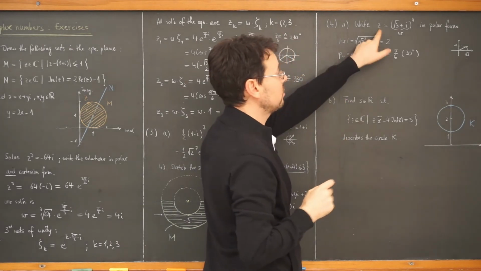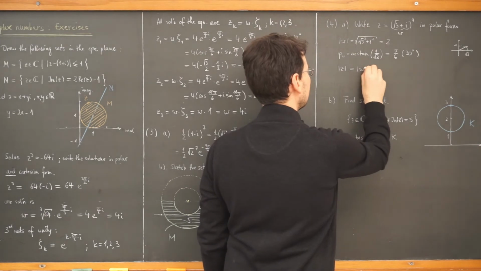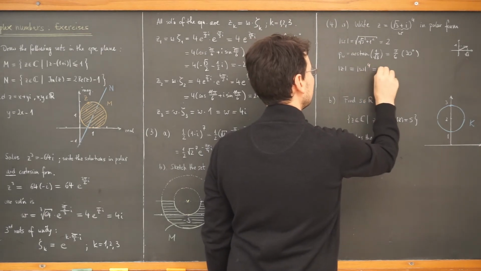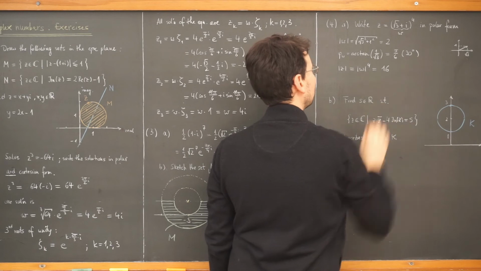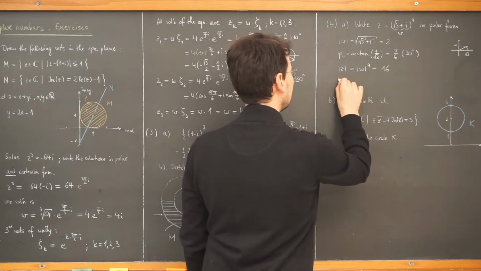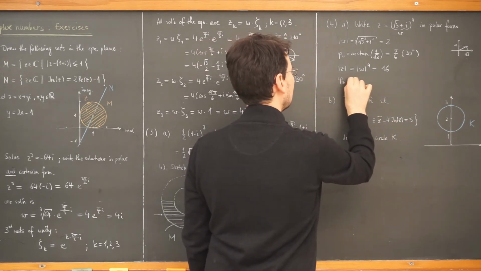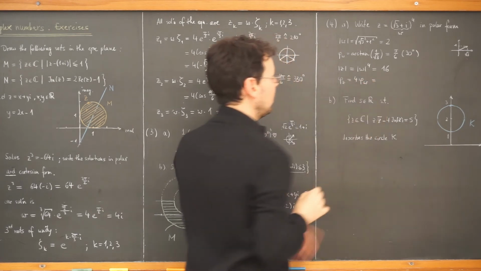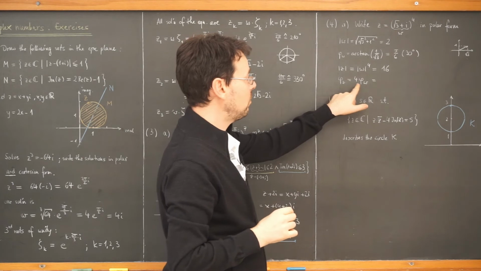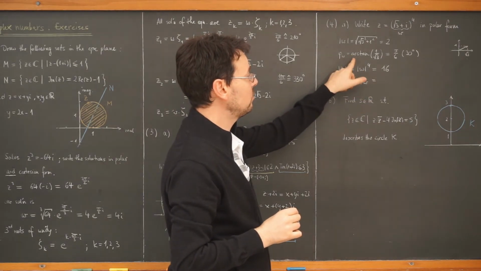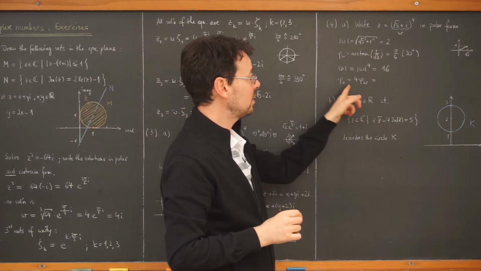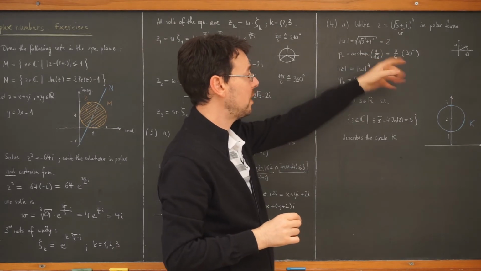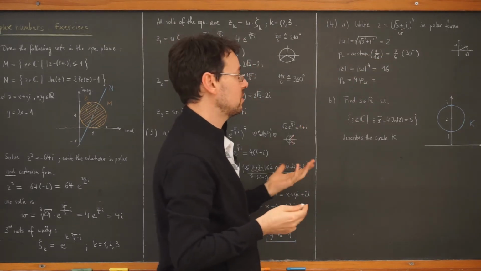So of course, the absolute value of z is nothing but the absolute value of w to the 4th power, so 16. And the argument of z is 4 times the argument of w, because by raising the polar form to the 4th power, I take the angle times 4.